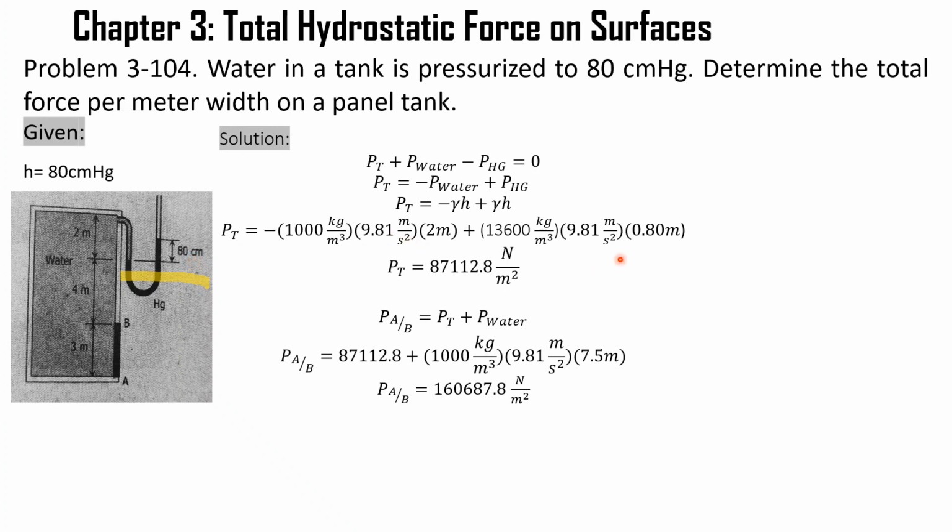Then we will have now the value for pressure of tank, which is equal to 87,112.8 Newton per meter squared.